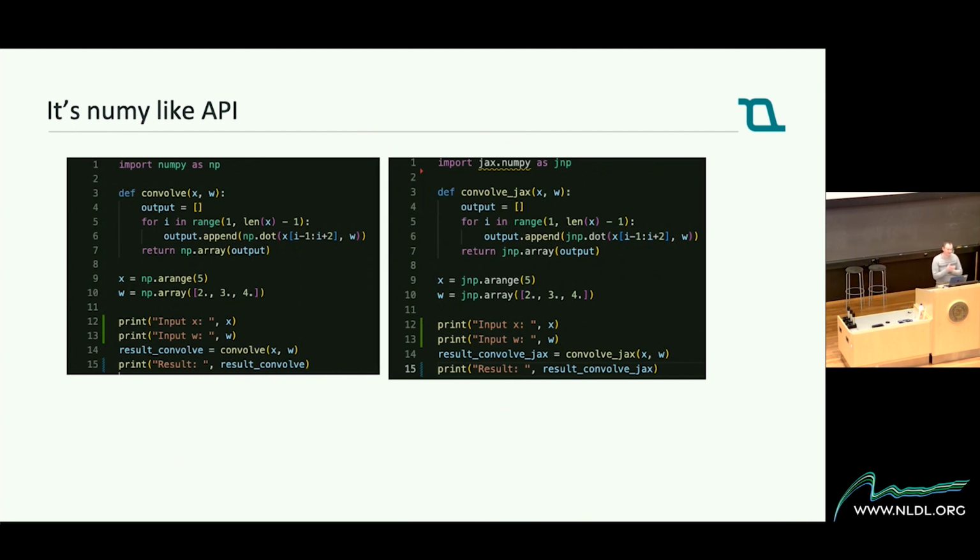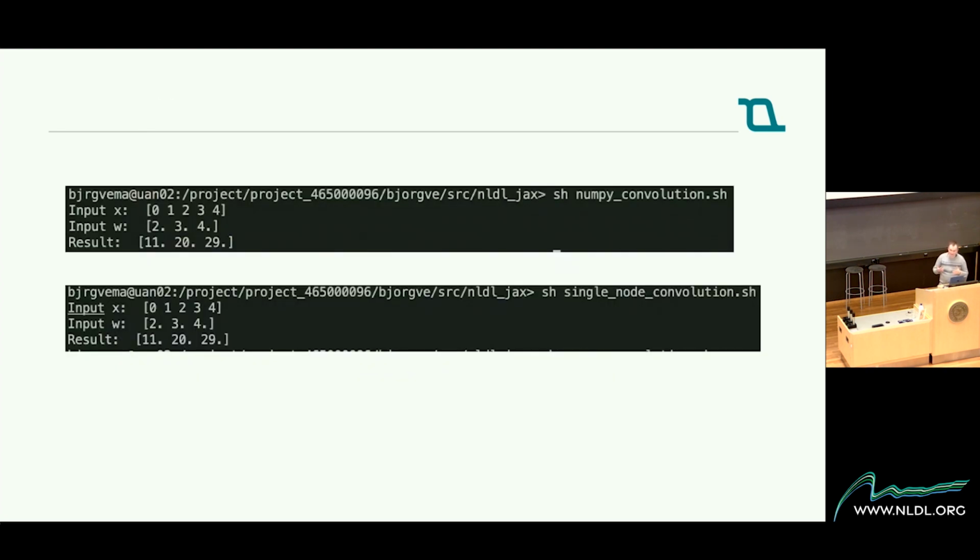At least I was able to. So let's see what the output looks like, just to be sure that I'm not lying. So I did this test. You see, we have the same input in both X and W, and we get the same result. Great.